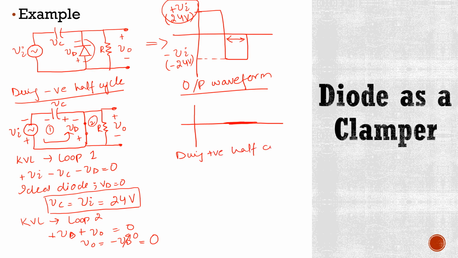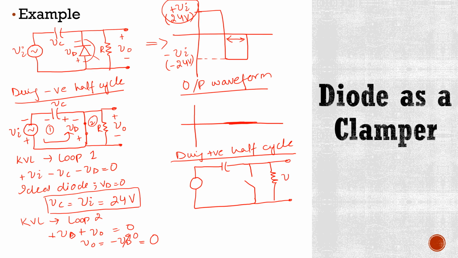Now what would happen during the positive half cycle? The diode is connected in this direction. It means during the positive half cycle of the input, this diode will be off. This diode is open, not conducting, and no current will flow through it.